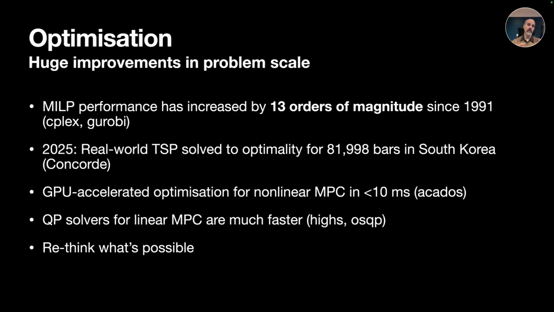That's not 13 times, that's 13 zeros added onto the efficiency of MILP performance. Now just think about it. That means that you are able to solve problems that were completely intractable even just 10 years ago. But if you learned these techniques like I did in the late 90s, you really have to look again.